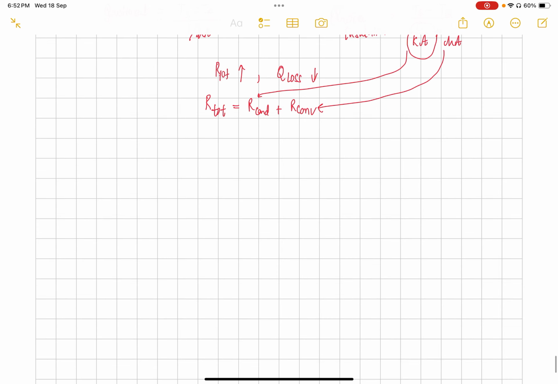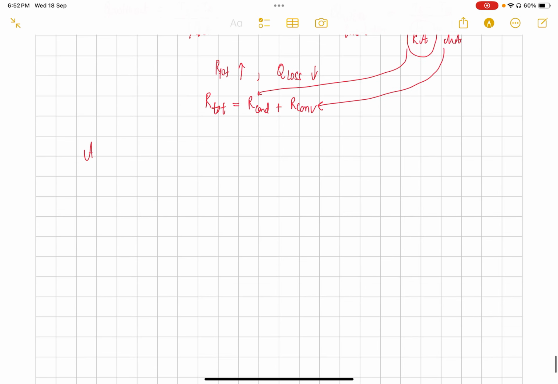Before beginning, we will put some assumptions. I'm just writing all these assumptions. First is one-dimensional heat flow.